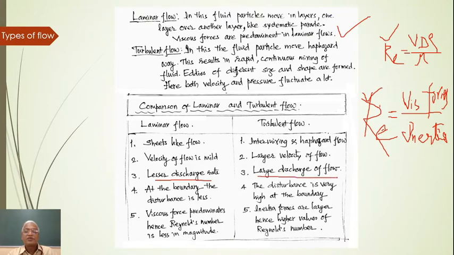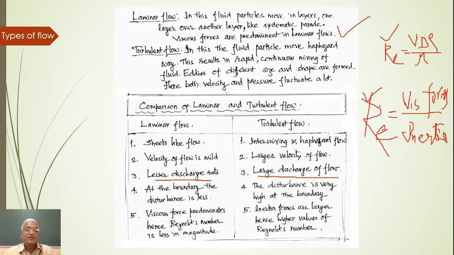If the velocity is more, discharge will be more. Then at the boundary the disturbance is less. When there is a pipe flow, there is a flow along the periphery, and in an open channel flow, again there is a flow on the sides as well as the bottom, touching the surface of the canal or pipe, where there will be a lot of disturbance.